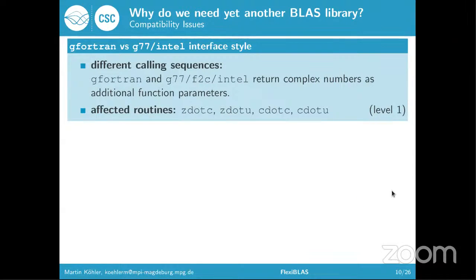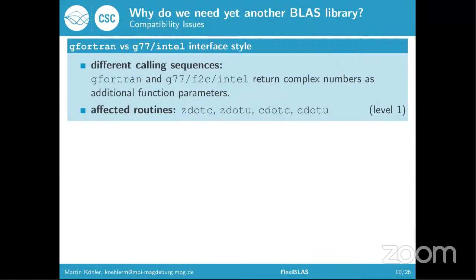Then we encountered some other issues, and there was this transition between this G-Fortran style and this GNU Fortran 77 or Intel style interface. So with the way they return the complex values and the Intel calling style, the Intel ABI says, okay, the complex return parameter has to be added as a new first function parameter, and they return a pointer there.